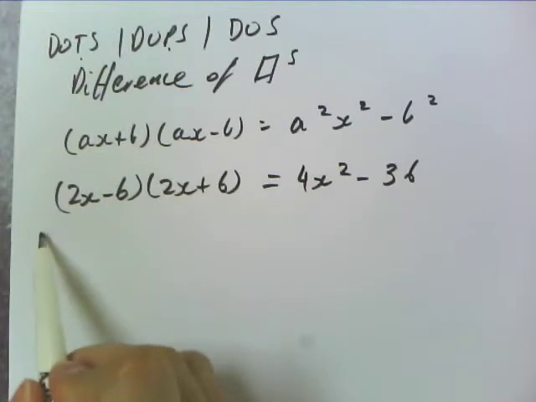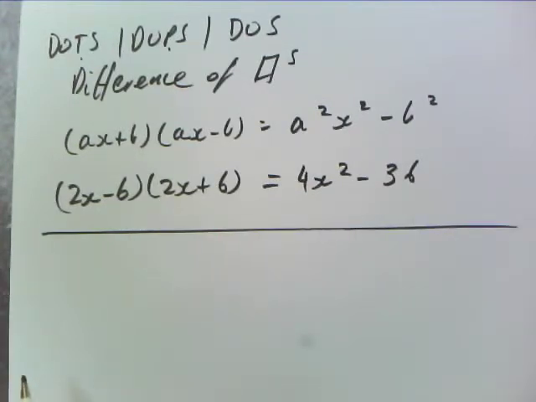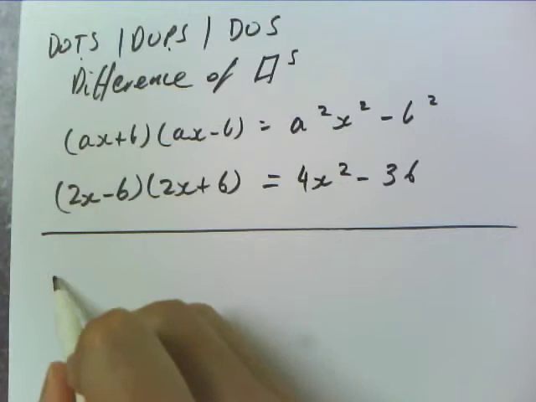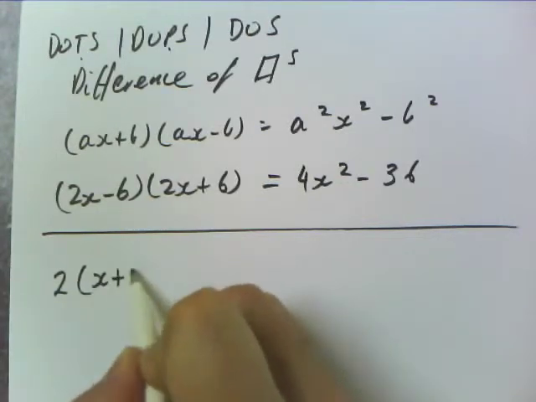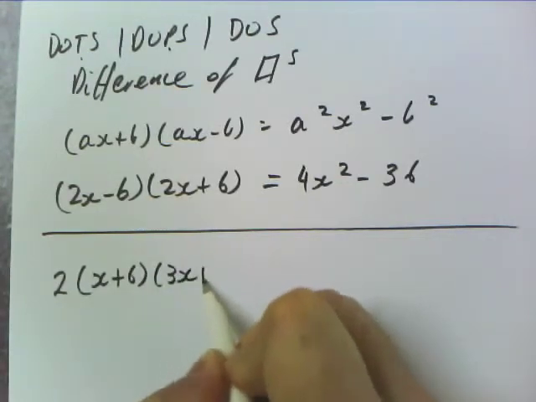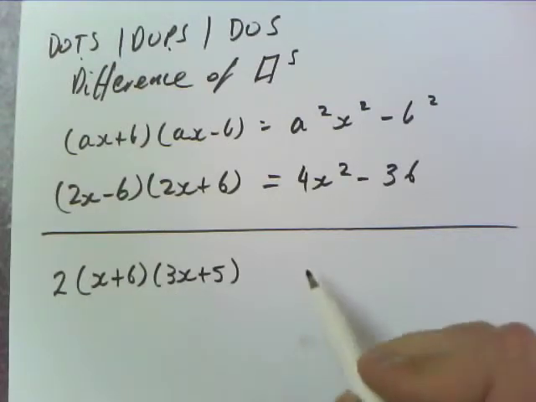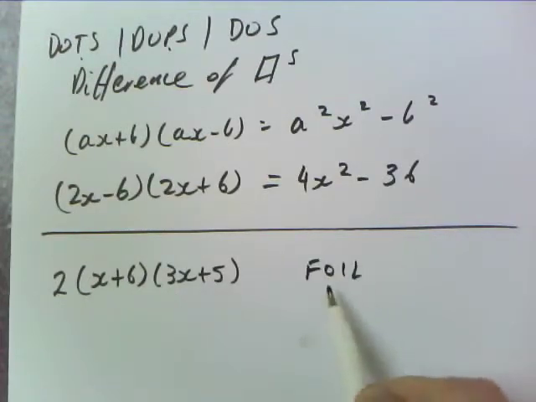The final sort of special case is if you have a number out the front of your brackets. So the example I will pull out of your book is question 4a, 2 times (x plus 6)(3x plus 5). So it doesn't fit dots, it doesn't fit perfect squares, okay, but it does fit that FOIL thing. So I'm just going to write FOIL here so that you've got that visual cue to remember what we're about to do.